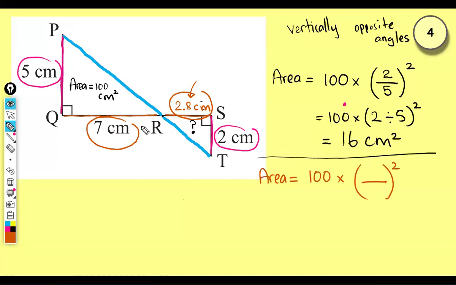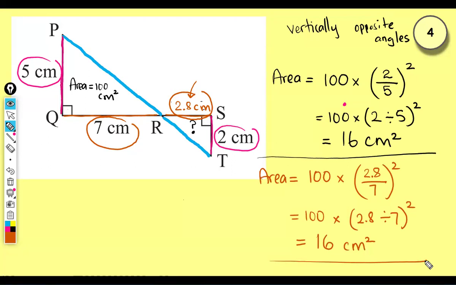The smaller one needs to go on top because we're trying to get a smaller answer, and the 7 goes underneath. This one you can't do in your head, you have to use a calculator. 100 multiplied by open brackets 2.8 divided by 7 close brackets squared. I'm getting exactly 16 centimeters squared.